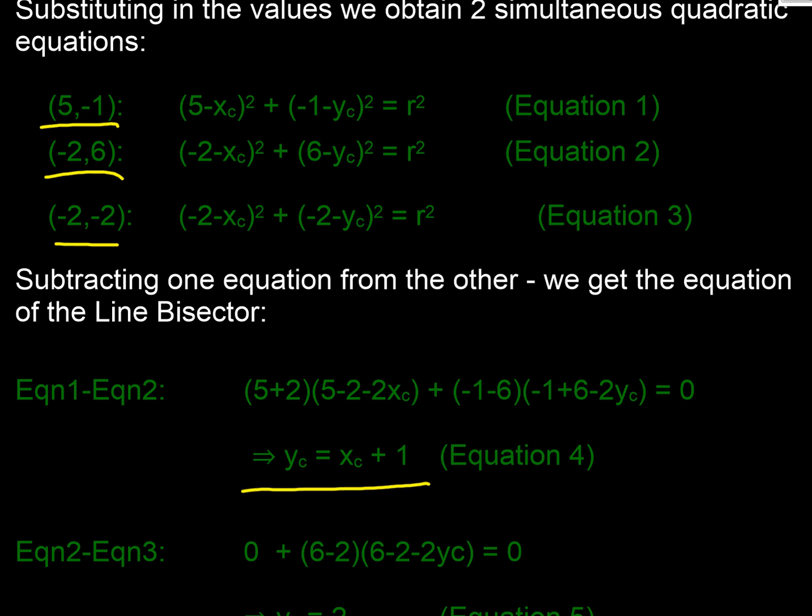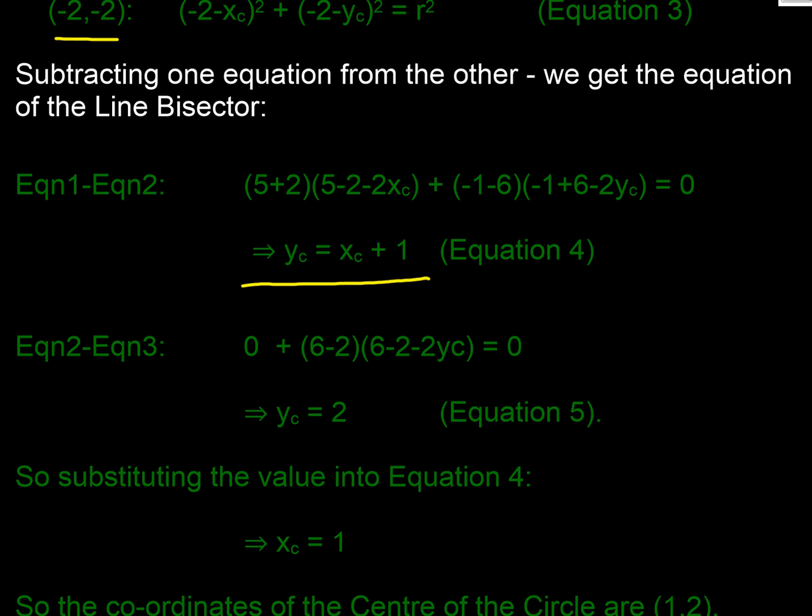That's the line bisector equation, which I called equation 4 just to use a bit later on. So we got y of the centre is x of the centre plus 1. And if we take the third equation away from the second, we actually find that our x value disappears altogether, and we just find ourselves with a simple one, which is that yc equals 2.